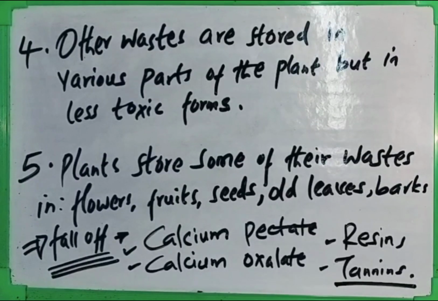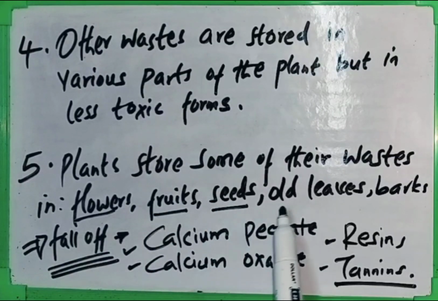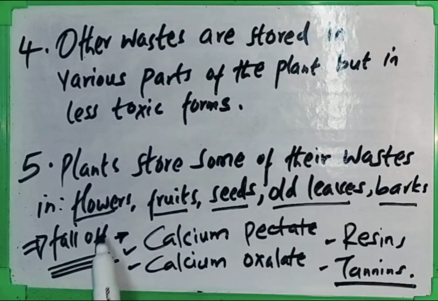These are some of the examples of the waste products that are stored in these parts: flowers, fruits, seeds, old leaves, and barks. And when any of these parts fall off, these wastes are also eliminated.